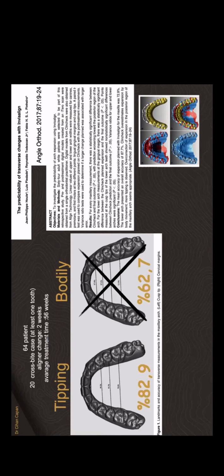The other interesting thing in the study is, if you look at both the bodily and the tipping one, the predictability of the movement is decreasing. Here it is not so clear, but I think it's 89% on the canine matching the virtual and the real one.